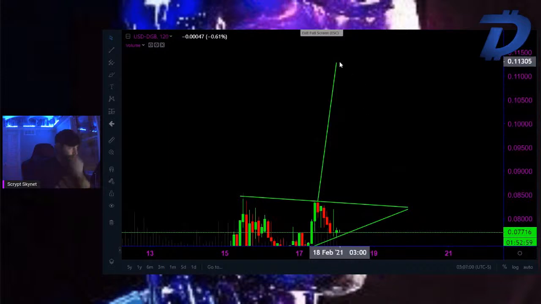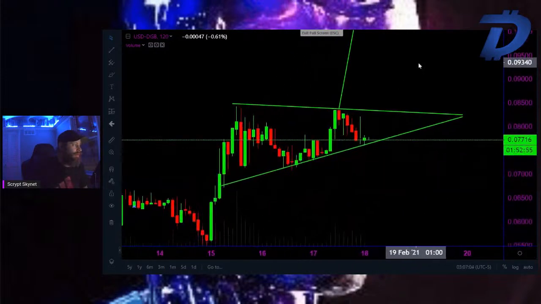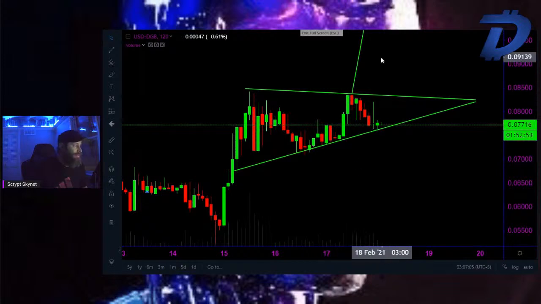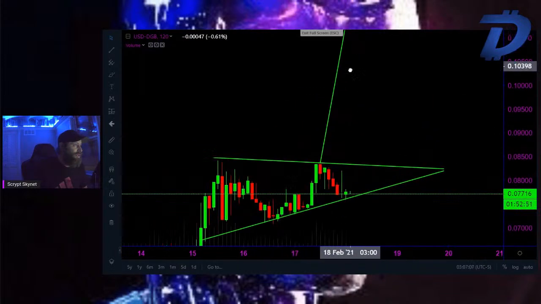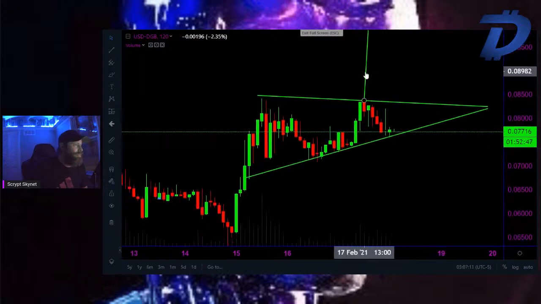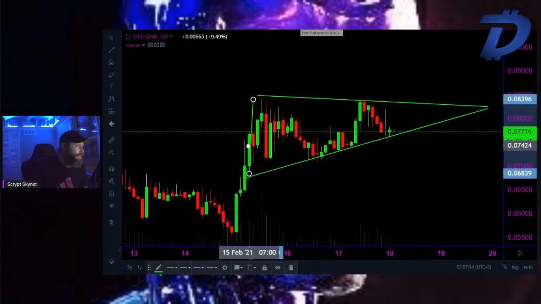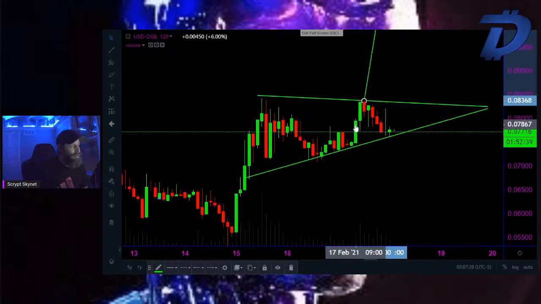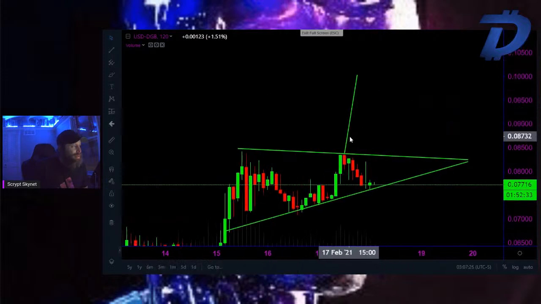Yeah. 11.25 cents. Now, I don't know if it would be the full breakout. Would it be the full pole there, or would it just be the flag size? Let's try that. If it stayed bullish instead of getting rejected coming down here inside the wedge, then this would make sense, right?